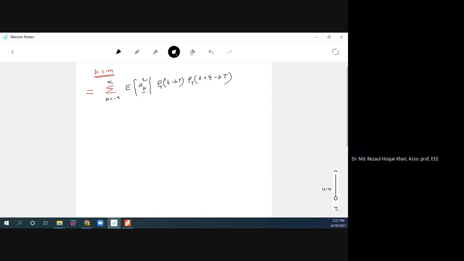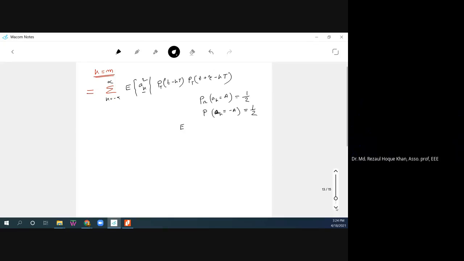The probability that ak equals a is half, and the probability that ak equals minus a is half.